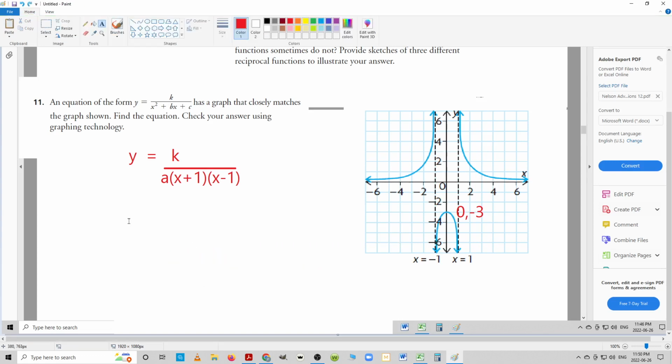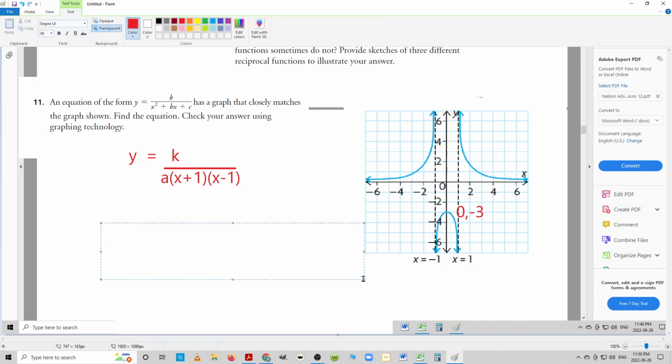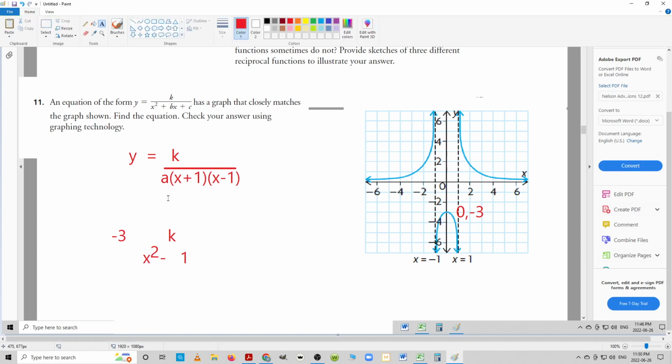Yeah, so I think what they're assuming is that there's no a there. And if I expand x plus 1 and x minus 1, I get x squared minus 1, like that. Which means you just have to figure out k, right?